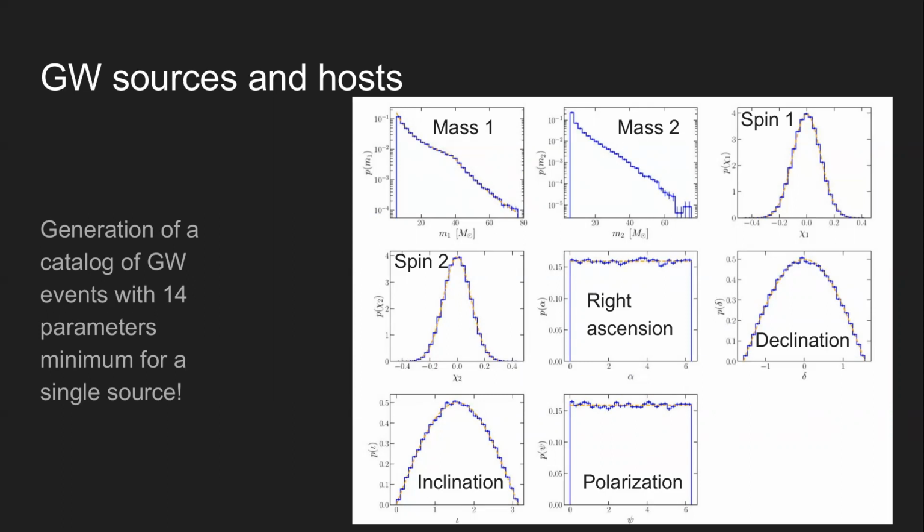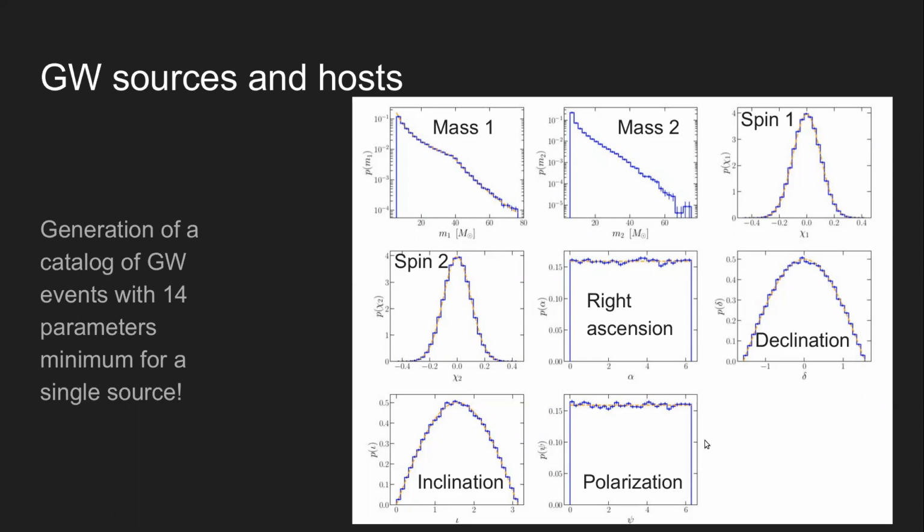In this framework, we use right ascension and declination, but you can think about other coordinates, depending just on your reference system. Still two numbers you need. And you need to know the inclination of the binary with respect to your line of sight, and the polarization, which is a fourth angle that tells you the relative orientation between your gravitational waves and the arms of your detectors.